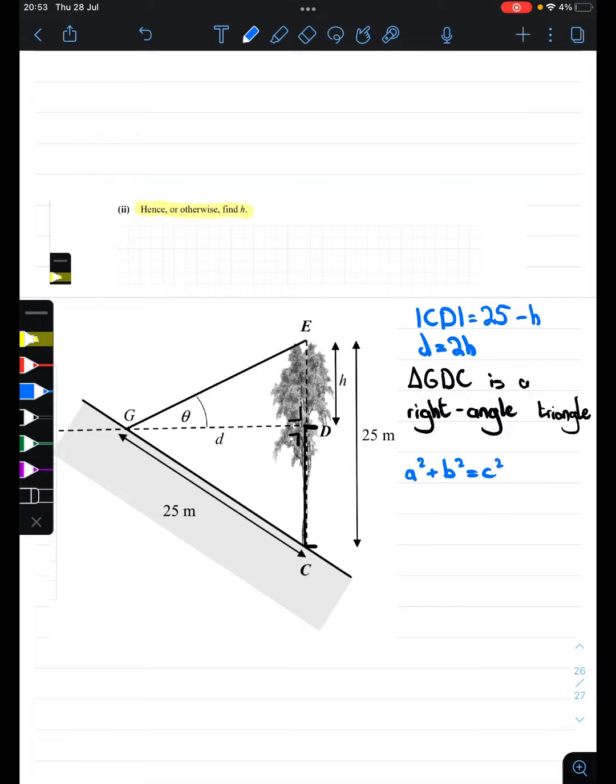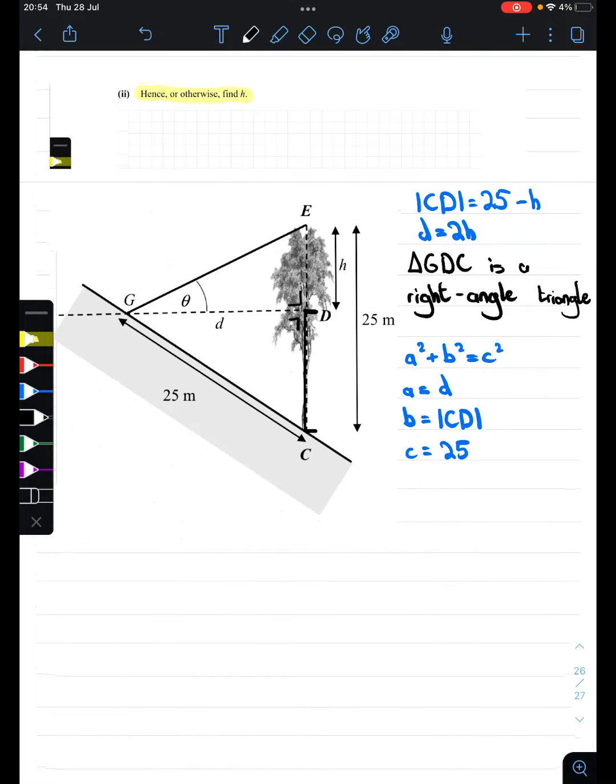So a is d, b is our other side that's not the hypotenuse, so that's CD, and c is our hypotenuse, which is 25.